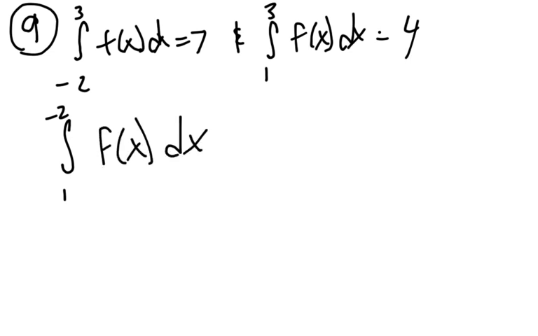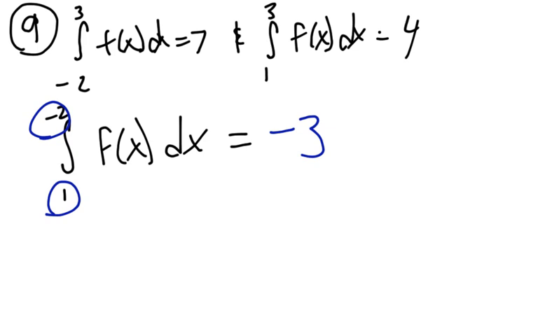Now, this one could be done by setting up the additive integral property just like we did in the last problem, but this one is exactly the flip-flopped order of the limits of integration from the last problem, so the answer should just be the same but the opposite sign.